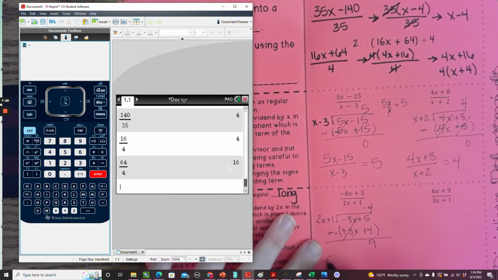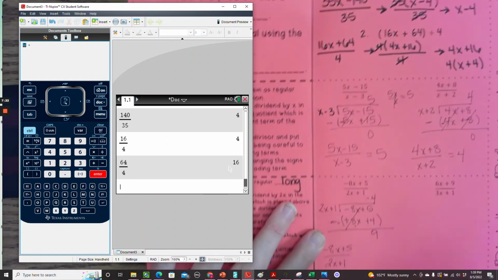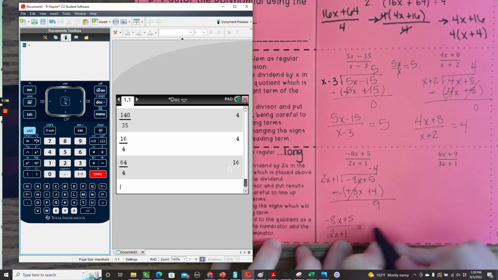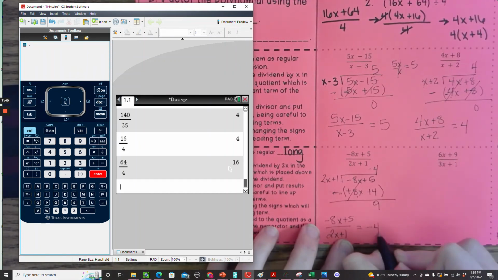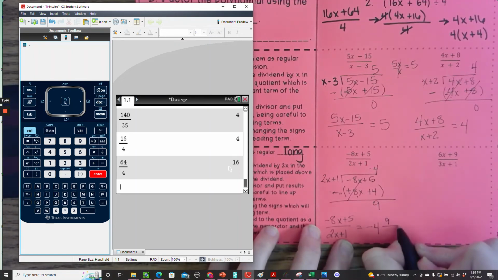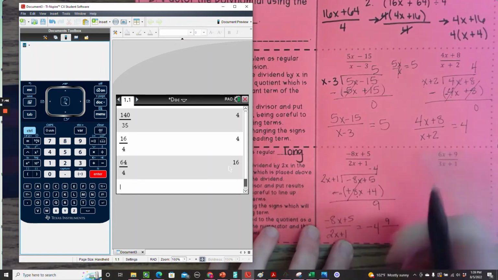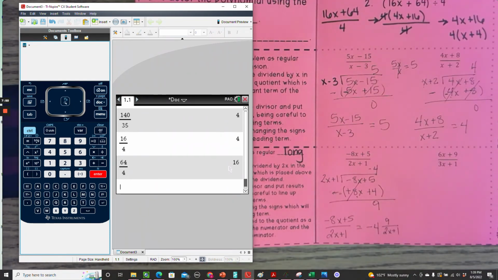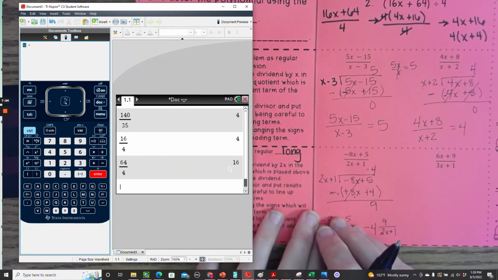Negative 8x plus 5 divided by 2x plus 1, that's my original problem, equals negative 4. The remainder goes on top of a fraction. What's outside goes underneath. Hardest problem you will have this entire unit.